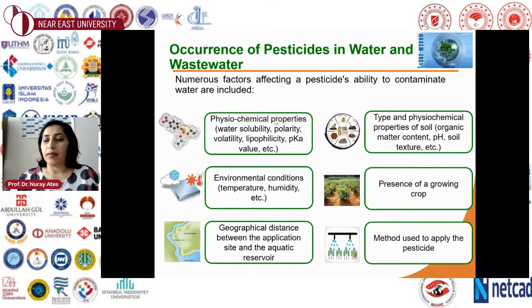The pesticide fate or transport is also related to the geographical distance between the application site and the aquatic reservoirs. Some pesticides can be lost or removed just by harvesting the growing crop during that time, and the method of pesticide application also affects the occurrence and the concentration levels in water and wastewater.